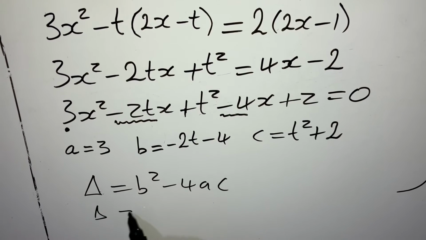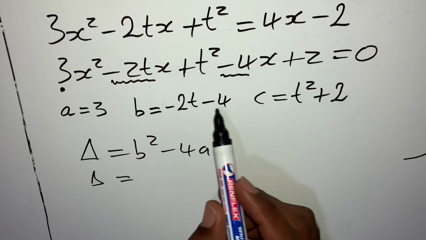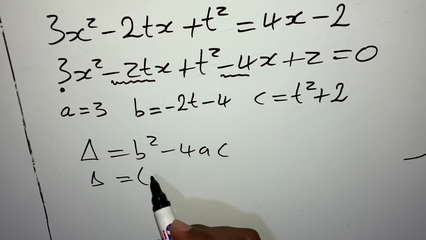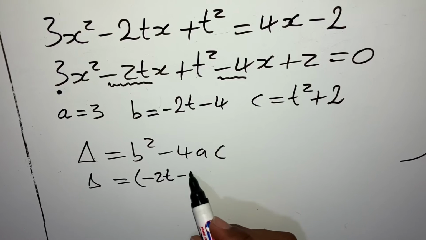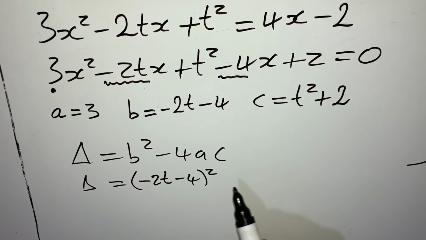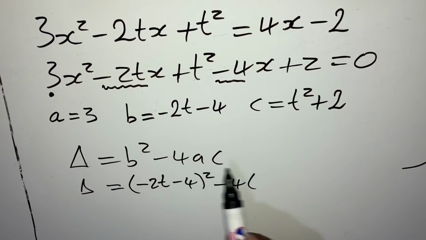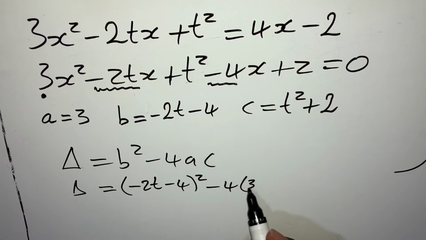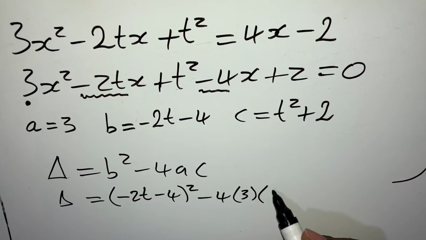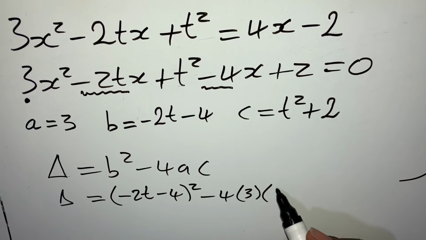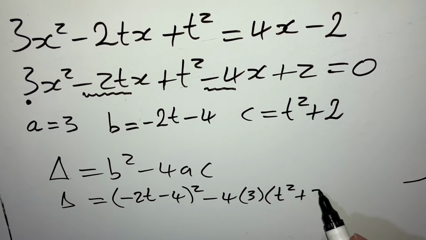So our delta is b squared, which is minus 2t minus 4 squared, minus 4. For our a, we'll substitute 3. For our c, we'll substitute t squared plus 2.